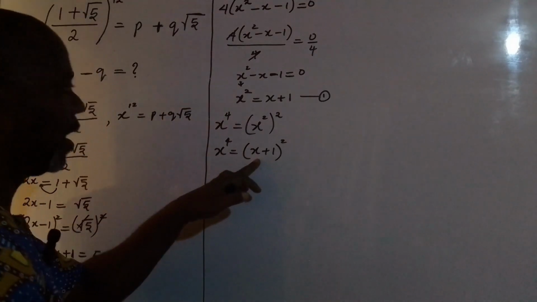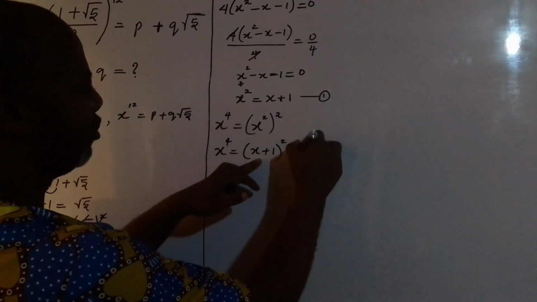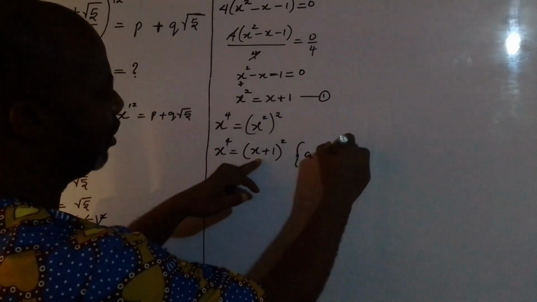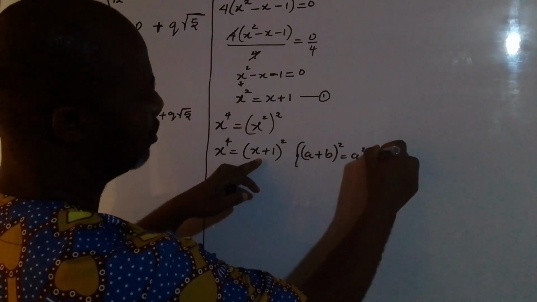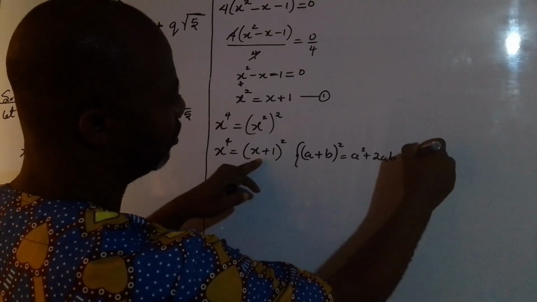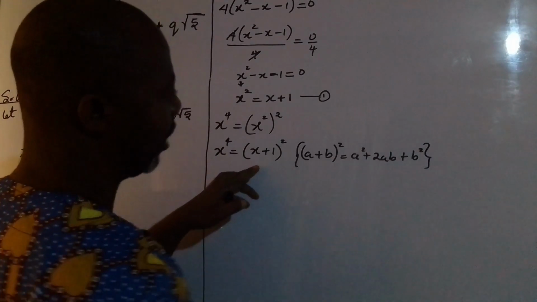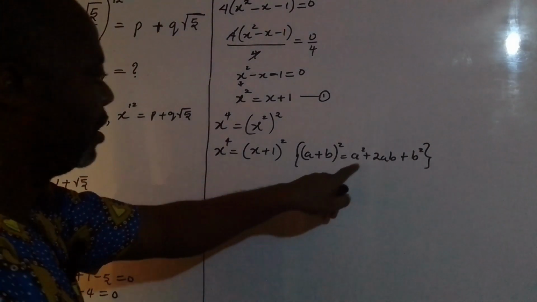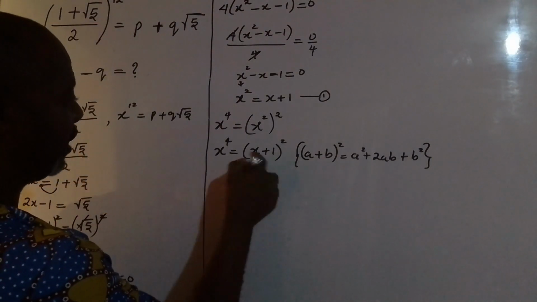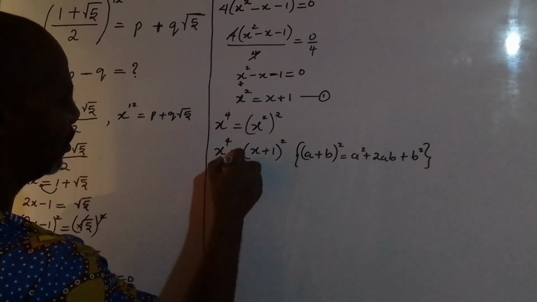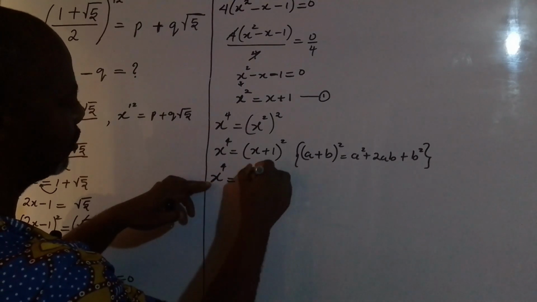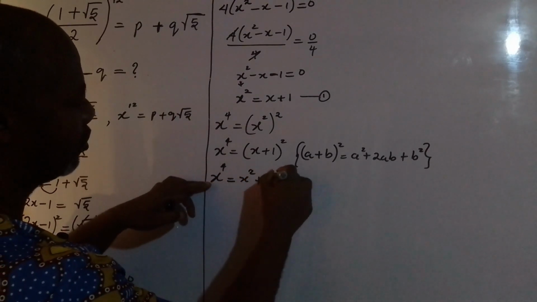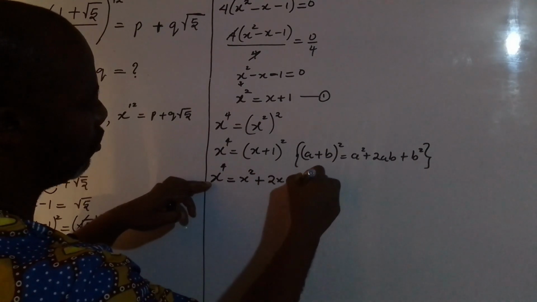I'm going to expand this using (a + b)^2 = a^2 + 2ab + b^2. Once I apply this identity, we're going to have x^4 = x^2 + 2x + 1.